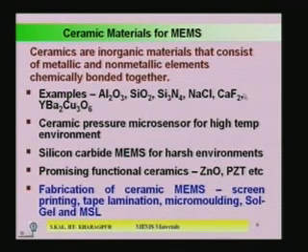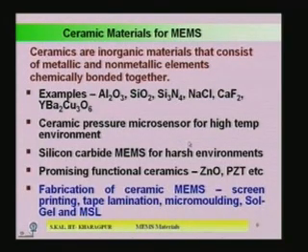And the ceramic materials used in MEMS are aluminum oxide, silicon dioxide, silicon nitride, sodium chloride, calcium fluoride, and YBa2Cu3O6. This is a new ceramic material which people have started using in MEMS devices.